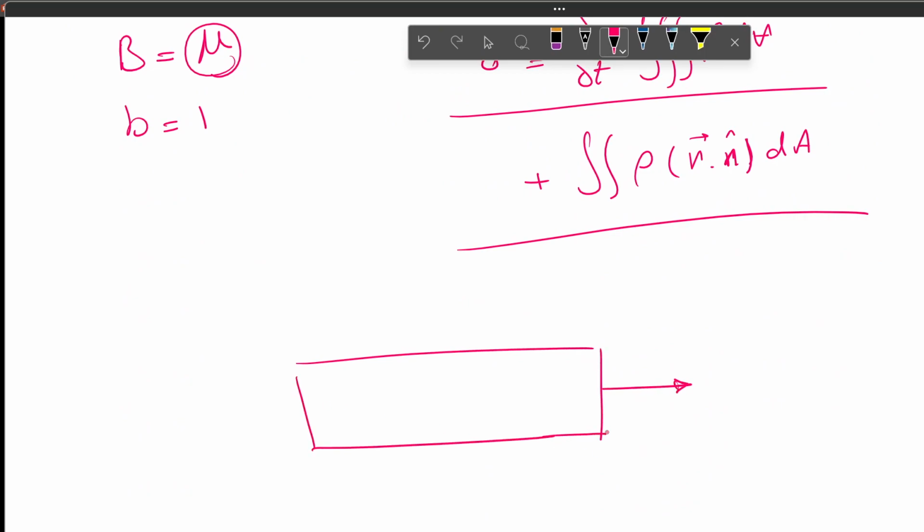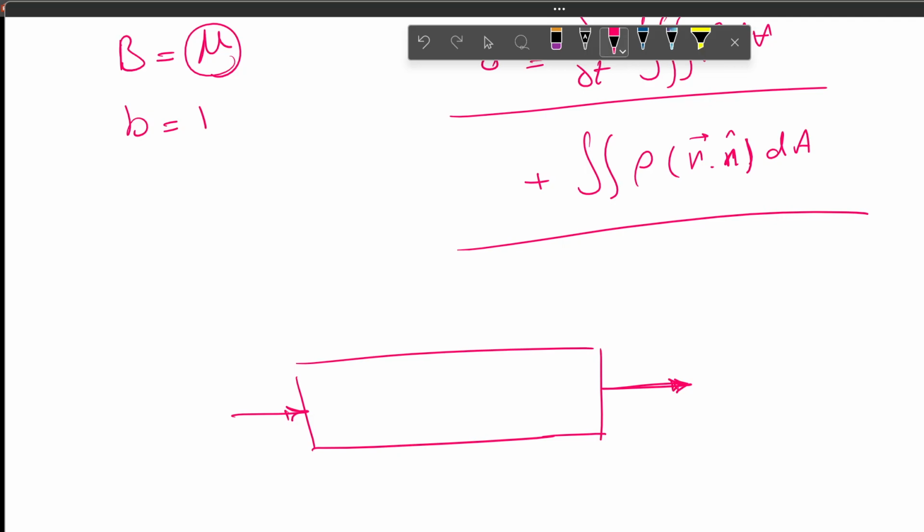Essentially, I want to see how much of this parameter is going out of the system or coming into the system. How can I calculate that? The first thing you want to know is that the flux is always normal to your surface. So we only care about the movement that is normal to your surface. So if it's moving like this, in this calculation, we have to find the component that is normal to the surface, right?